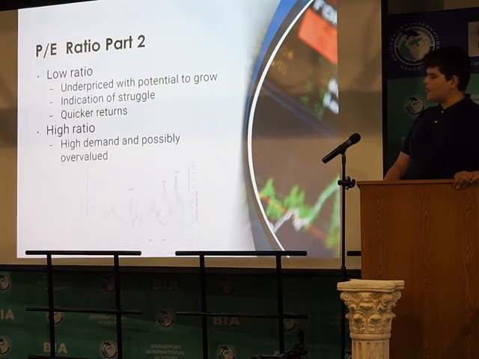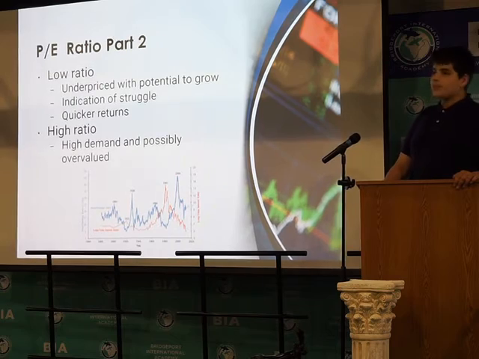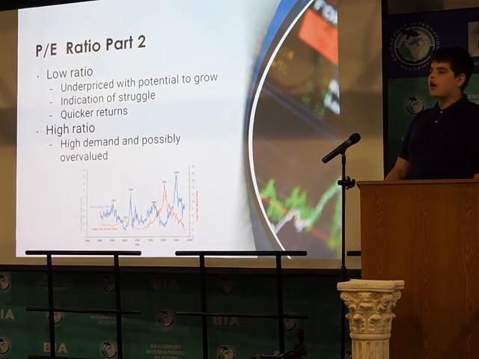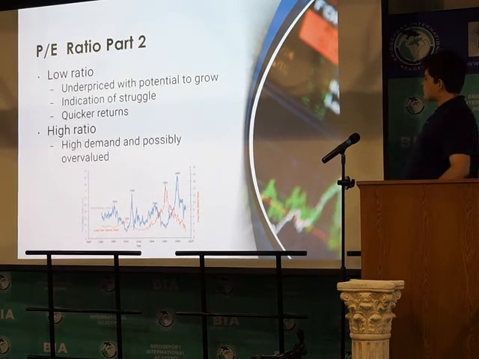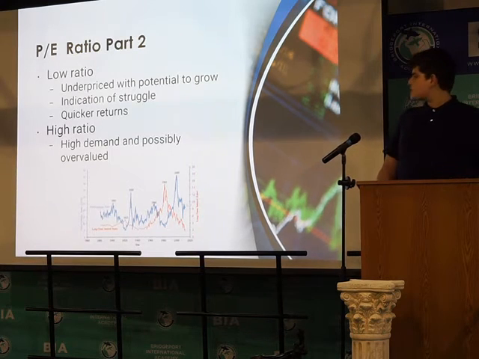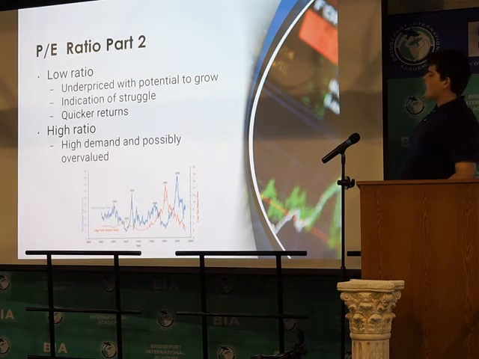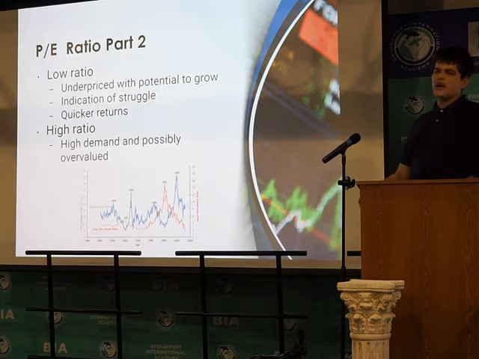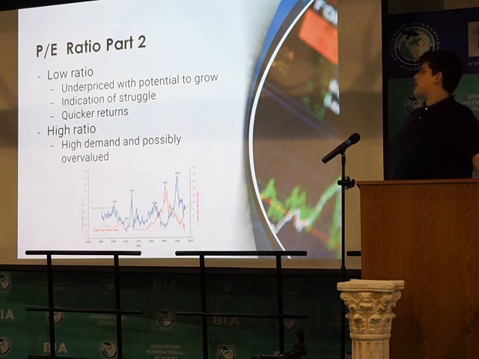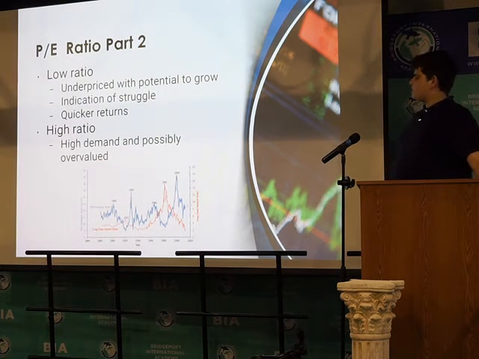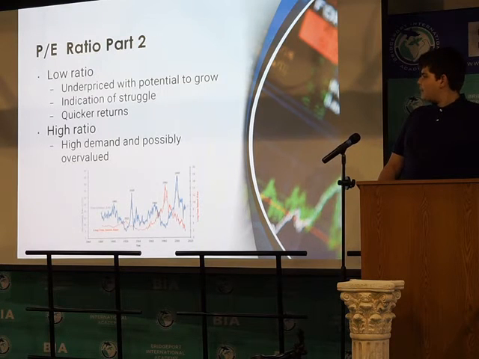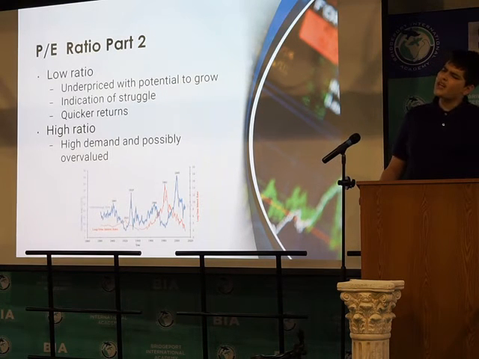So with a low ratio, this means that the stock is underpriced and has potential to grow. It's an indication of a struggle possibly, but you also get quicker returns. A high P/E ratio means high demand and possibly the stock is overvalued. Oftentimes you want to look for a lower P/E ratio.